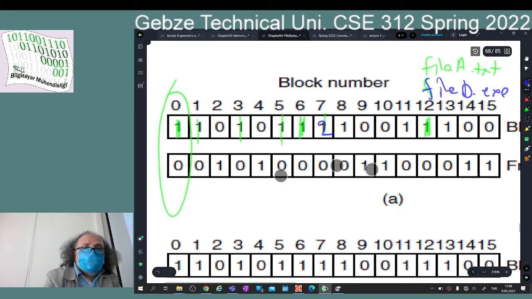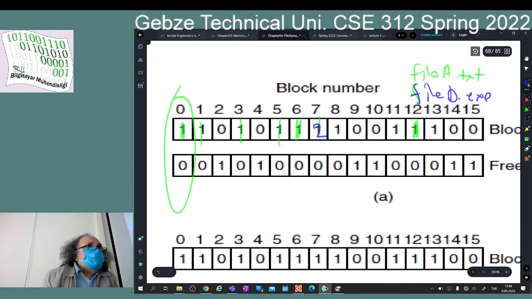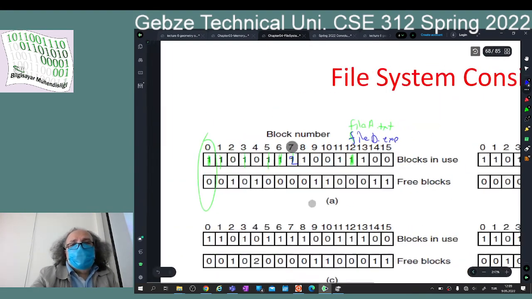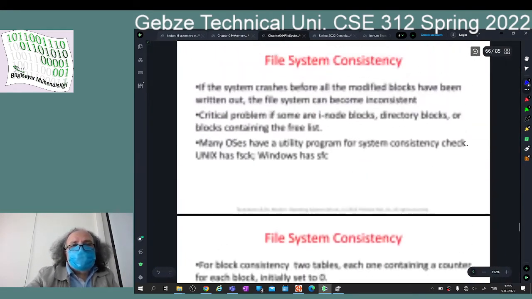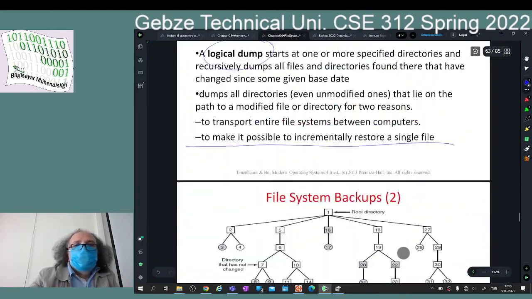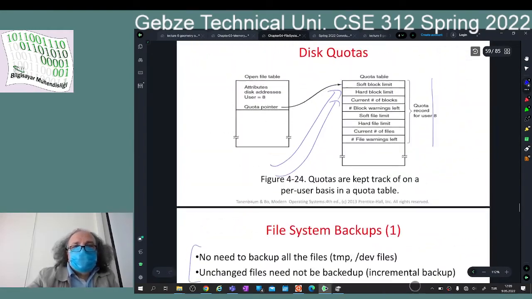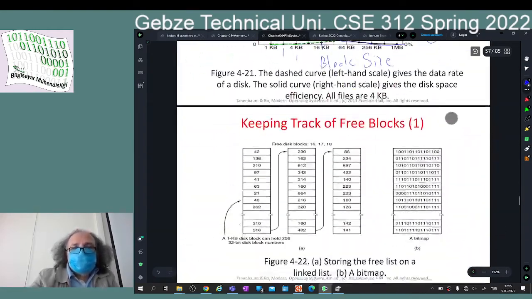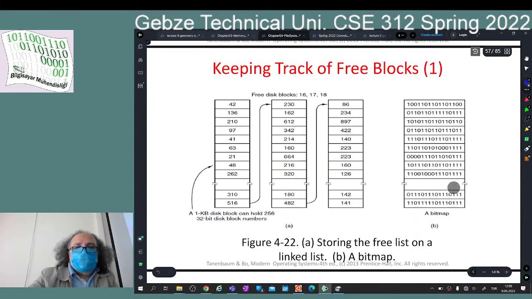The second table checks the free block list. In my file system, I have to keep track of the free blocks, and free blocks are usually kept either using a bitmap file like this. These are the free blocks.